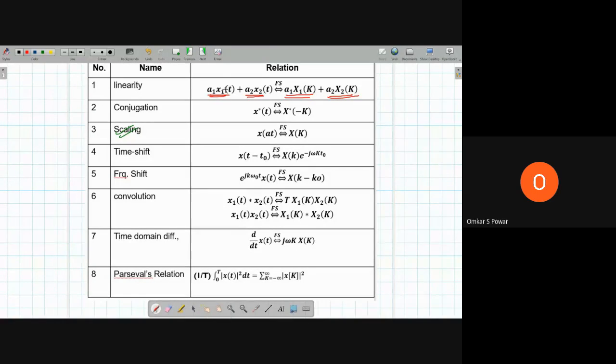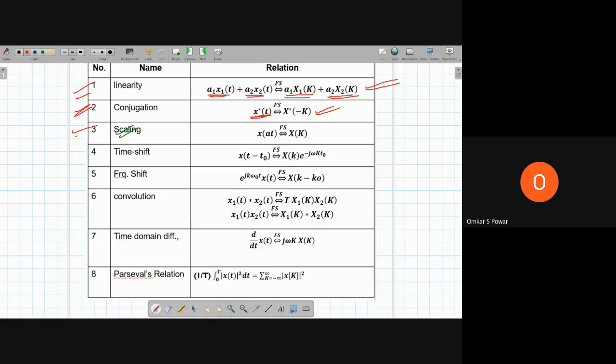So x1 of t converts to X1 of k, and x2 of t converts to X2 of k. That's it, it's simple. Then our second property, conjugation. If you take the conjugate in the time domain, x conjugate of t, then in the frequency domain it will be X conjugate of minus k.